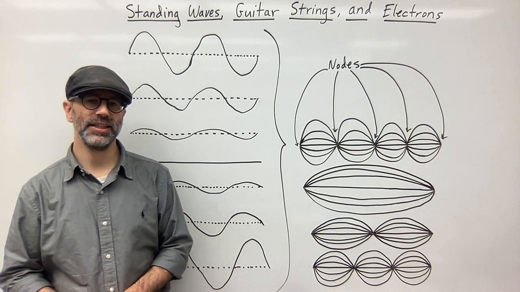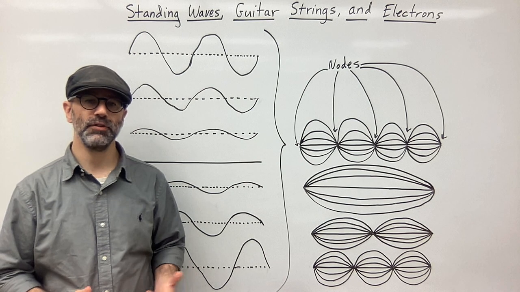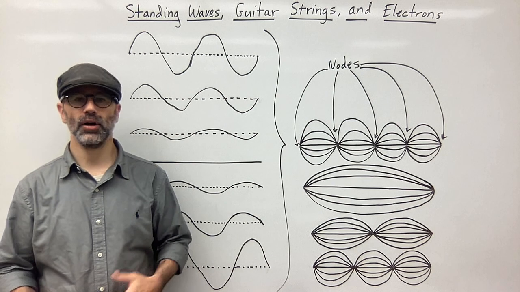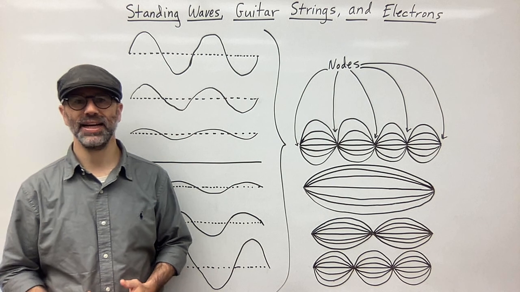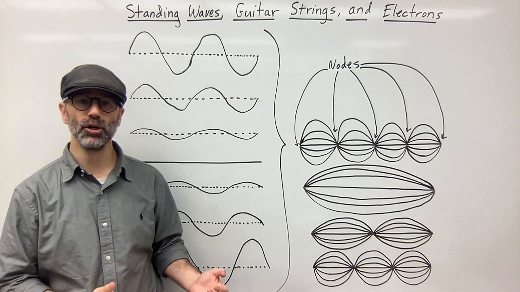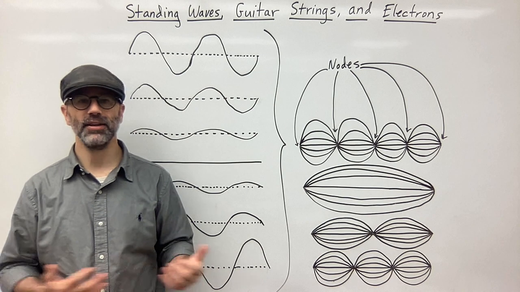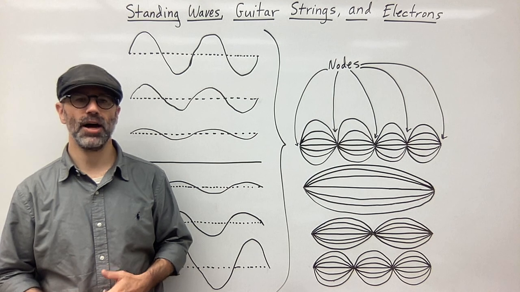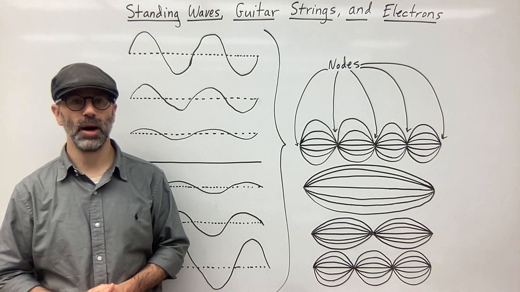So just as we discussed in a previous video, the nature of light or electromagnetic radiation can be seen as either a particle or as a wave. It displays both properties, and we know today that the electron also displays both properties too.